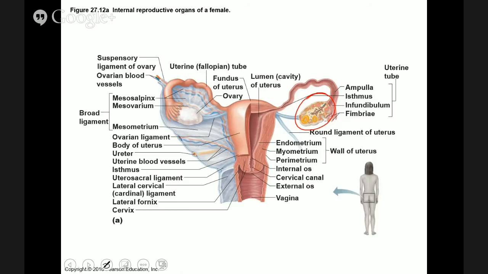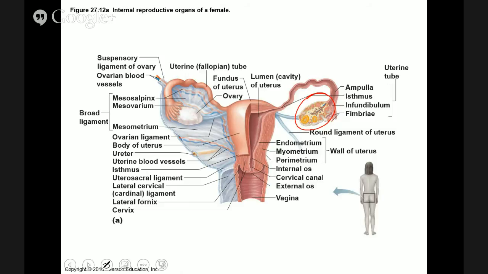For women, however, women are already born with all the eggs that they will ever have for the rest of their life. So when a woman is a fetus, she already has all the eggs that she will ever release from the ovaries and then some. So she already comes prepackaged with everything.